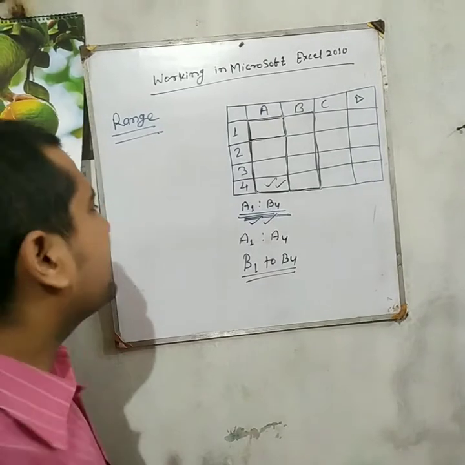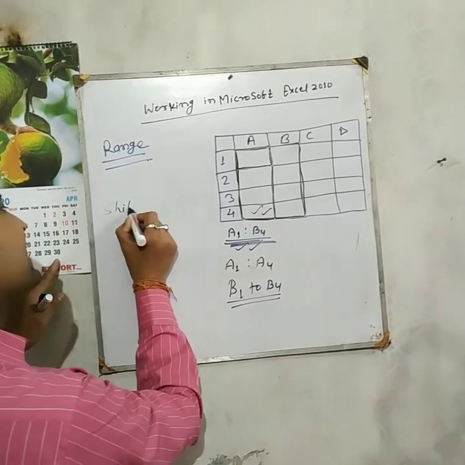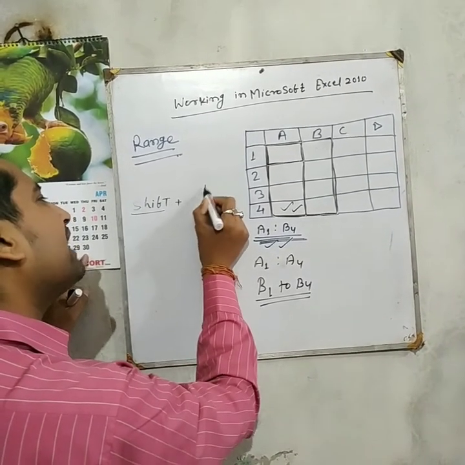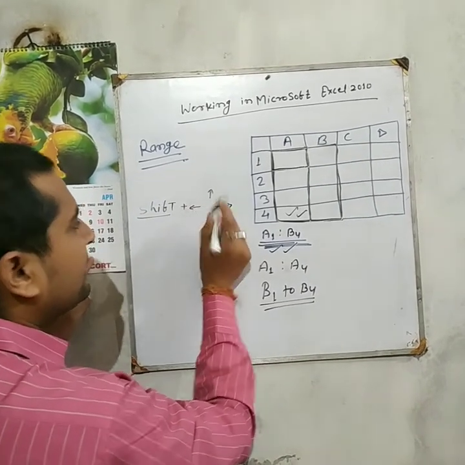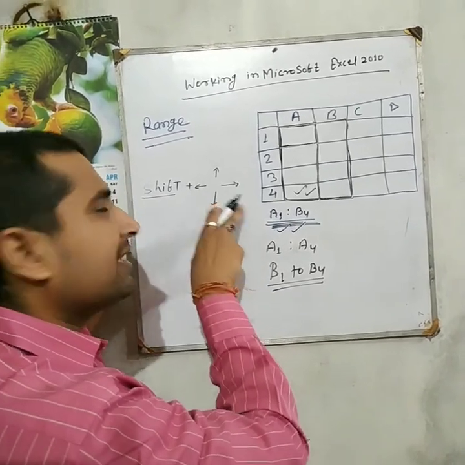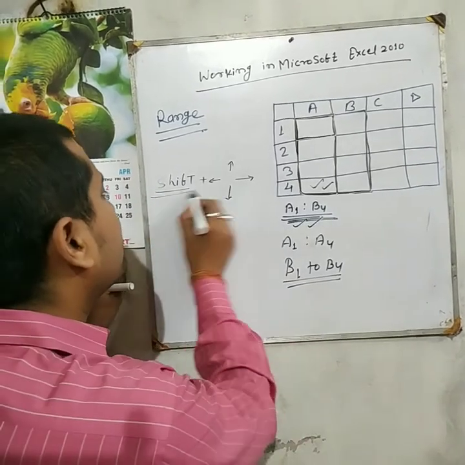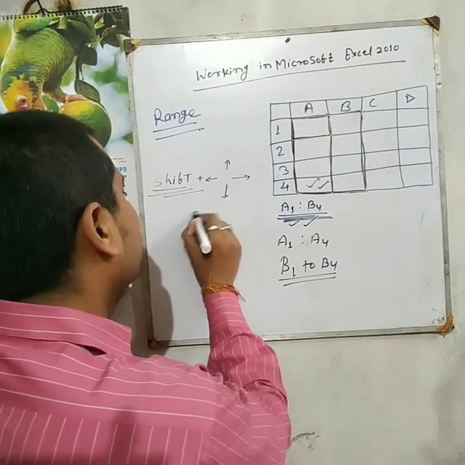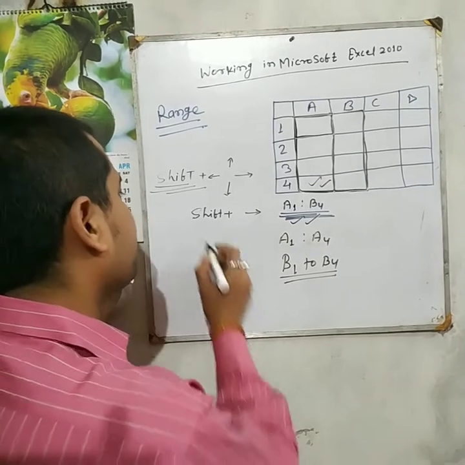Or through the keyboard, press the Shift button. Shift plus 4 arrow buttons are available on your keyboard, that is up, down, right and left. Suppose you go to the right-hand side, press Shift plus right arrow key.